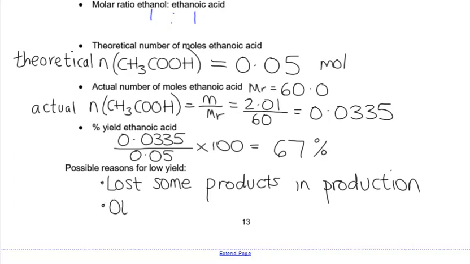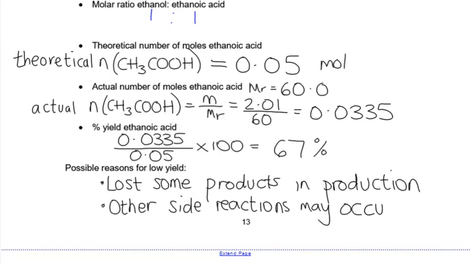And also other reactions might be happening. If you're heating it up, some might have been lost by evaporation. If you're adding something that oxidises it, maybe you get a bit of combustion, maybe some other reactions happen. So these are reasons maybe why you didn't get 100%.